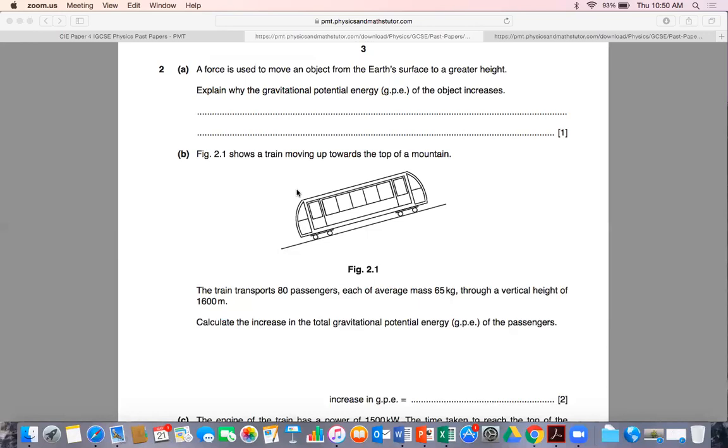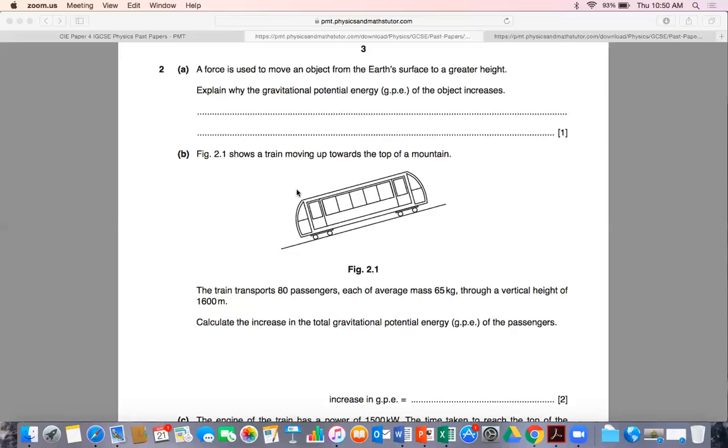There's a formula for it. It's MGH. MGH. So is it 1,019,200?